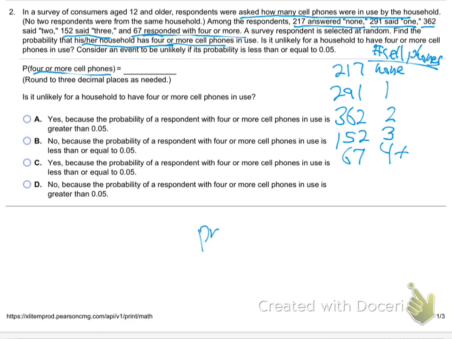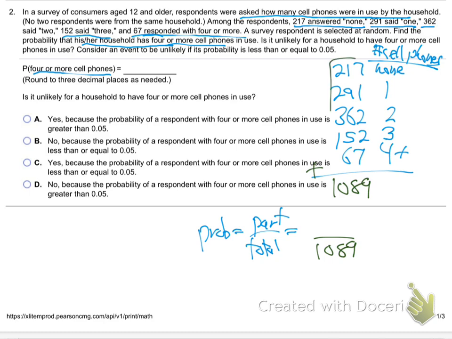So remember, probability is always the part over the total. So we're always adding up the total. If you add up these numbers on your calculator, we get 1089. That's the total number of people, and these are the numbers of people in the various categories.